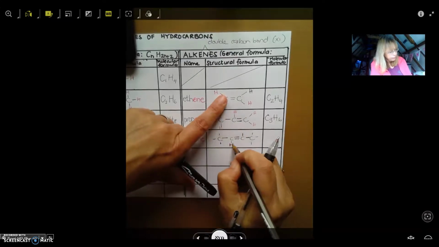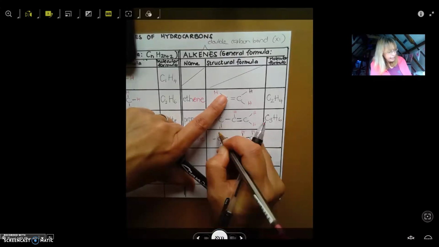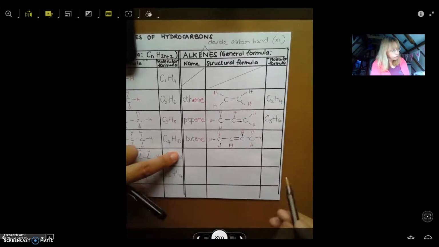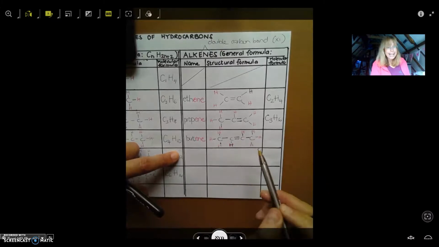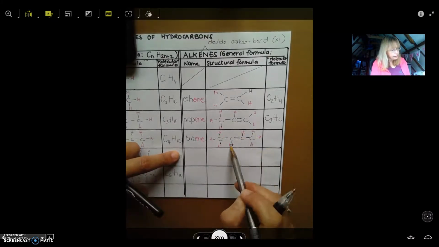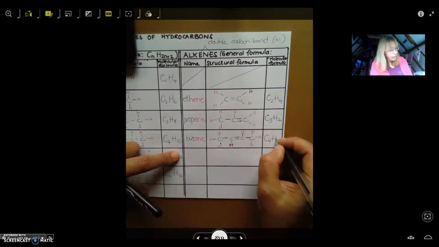And then I can double check in another way that I haven't made a mess up by counting the number of H's. I've got 4 carbons, so I expect double 4 is 8. 8 H's, 1, 2, 3, 4, 5, 6, 7, 8. Perfect. C4H8.